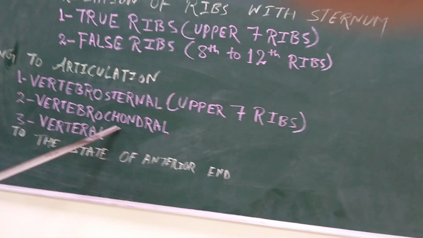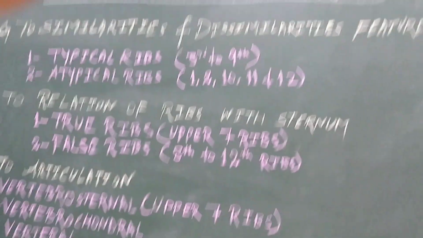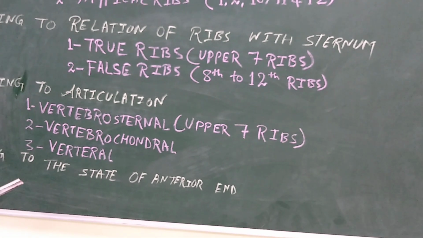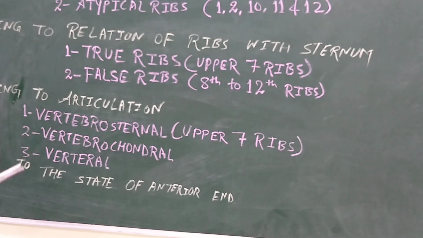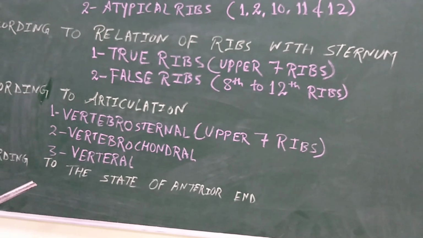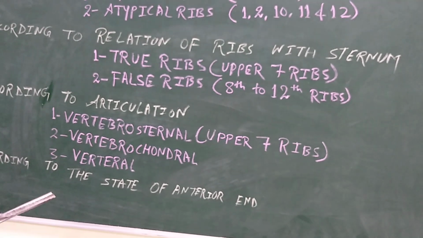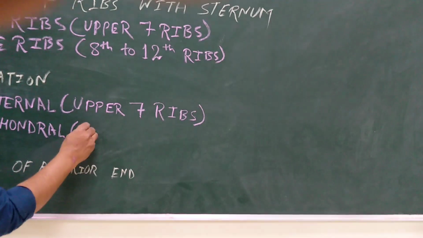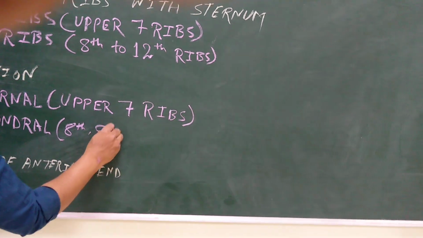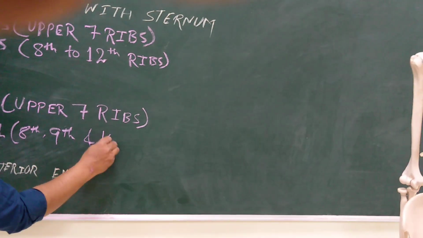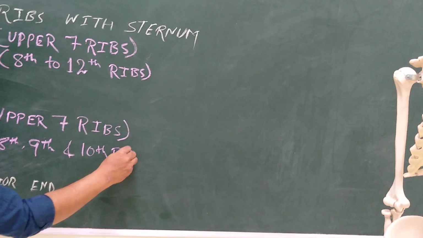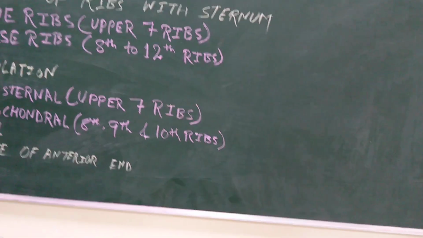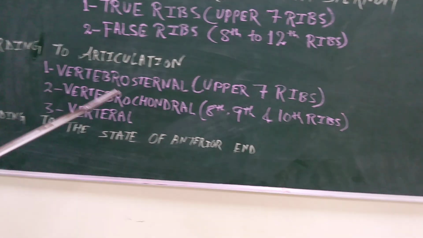The vertebrochondral ribs are those ribs which are connected posteriorly with the vertebrae but anteriorly they don't reach the sternum, instead their cartilages are joined together. 8, 9 and 10 ribs are the examples of vertebrochondral ribs.